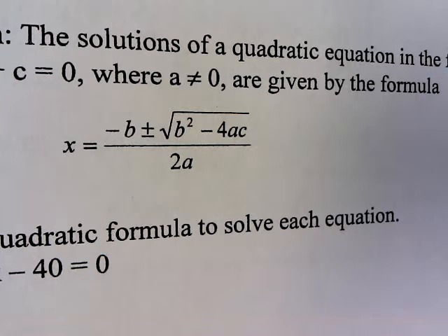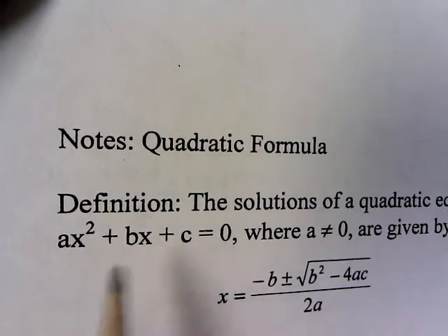What you have to be careful of is, again, it has to be in standard form, which usually it is. The second thing is, how do I come up with my a, b, and c? It all comes from my original equation, where a is the coefficient in front of x squared, b is the coefficient in front of x, and c is my constant. So once I identify those, I just plug them into my equation and chug out my answer.